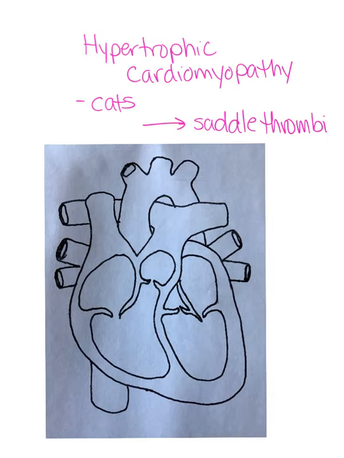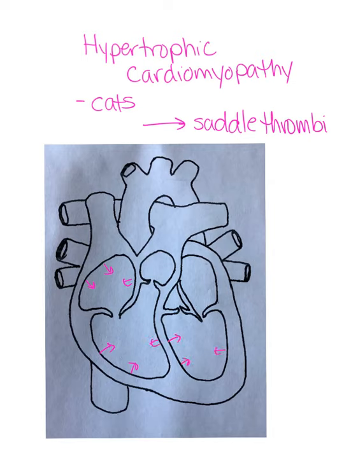So the last heart disease we're going to talk about is the hypertrophic cardiomyopathy. Again, this one's common in cats, and it's the one that can lead to the saddle thrombi. So there was a cool video on that in the books, hopefully you guys watched, that's going to show you how those clots can definitely form in these vessels, or in these ventricles and atrium. So in this one, what we have is the walls of all of these heart chambers getting thickened.